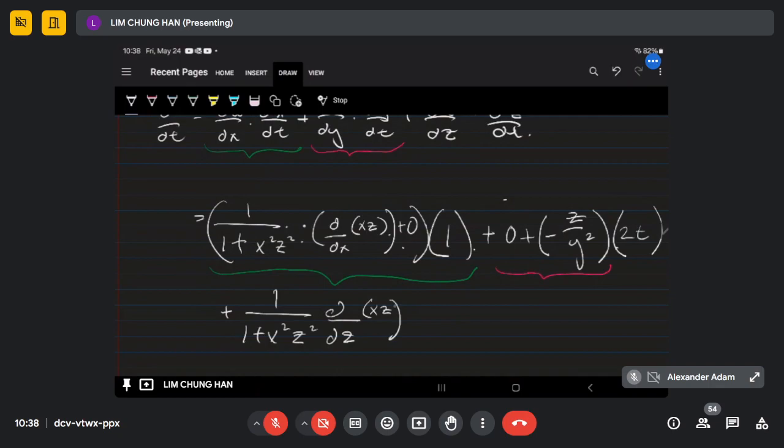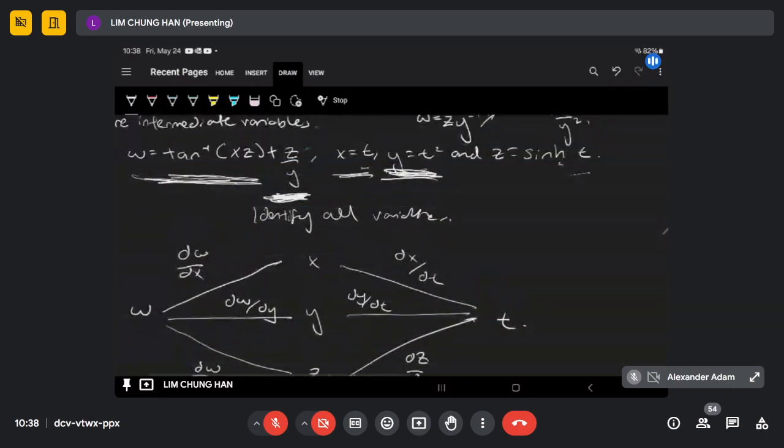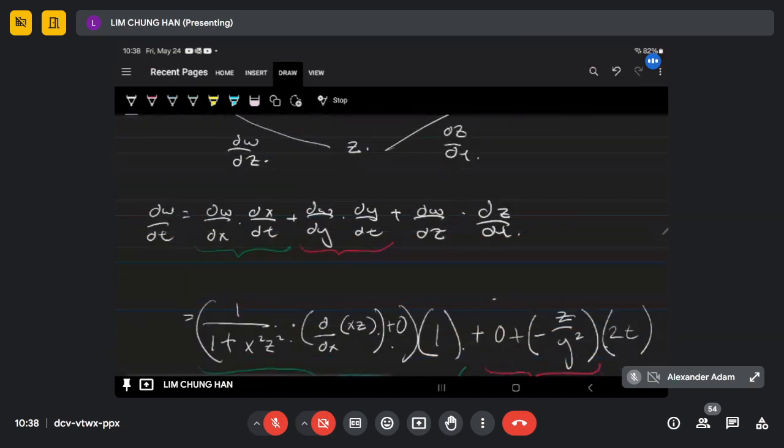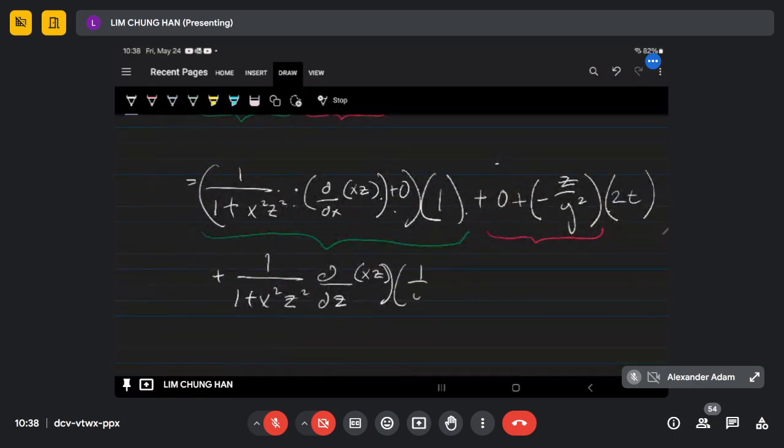And then this one, if we differentiate against z, y is a constant. So differentiate z, so 1 over y. I think. If I'm wrong, you let me know.